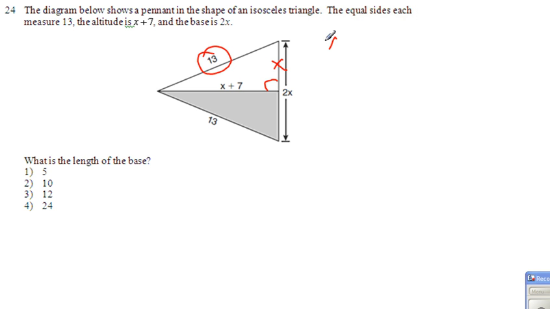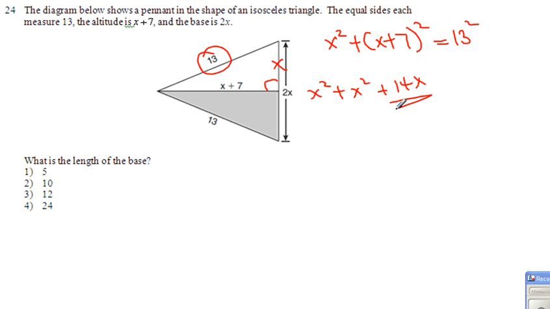So the relationship goes x squared plus (x plus 7) squared must be equal to 13 squared. So now here we have x squared plus x squared plus 14x. This is very important, the middle term, plus 49 is equal to 169.